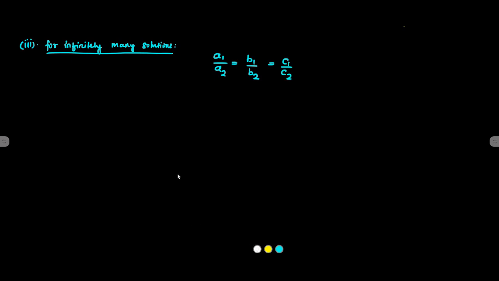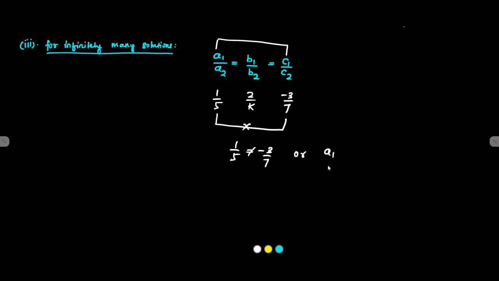Now A1 by A2 is equal to 1 by 5, B1 by B2 is equal to 2 by K, C1 by C2 is equal to minus 3 by 7. Now if we compare A1 by A2 with C1 by C2, 1 by 5 is not equal to minus 3 by 7.